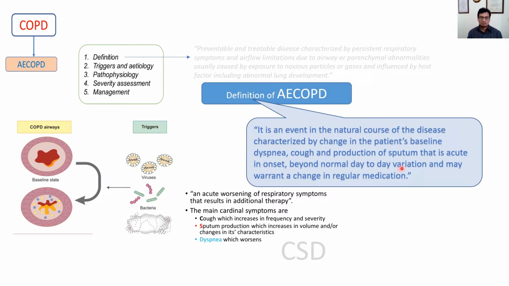The main cardinal symptoms of acute exacerbation are cough, which increases in frequency and severity, the sputum production, which increases in quantity, and also it changes its characteristics, and also the dyspnea, which worsens in acute exacerbation.